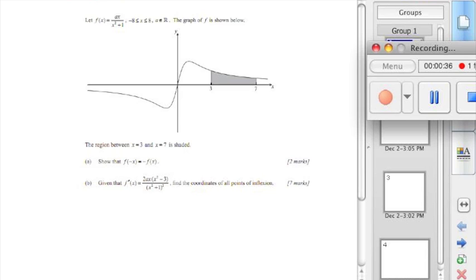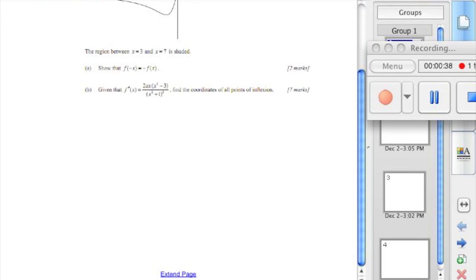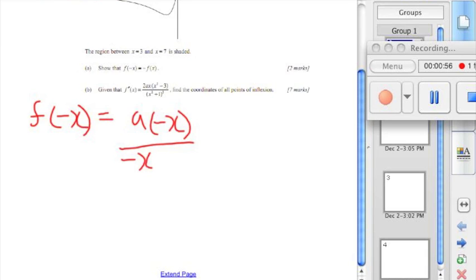So we're going to start by first finding what f of negative x is, then what negative f of x is. So f of negative x equals a times negative x over negative x in a bracket squared plus 1. Because we have to make the x value, which in the parent function is positive, negative.